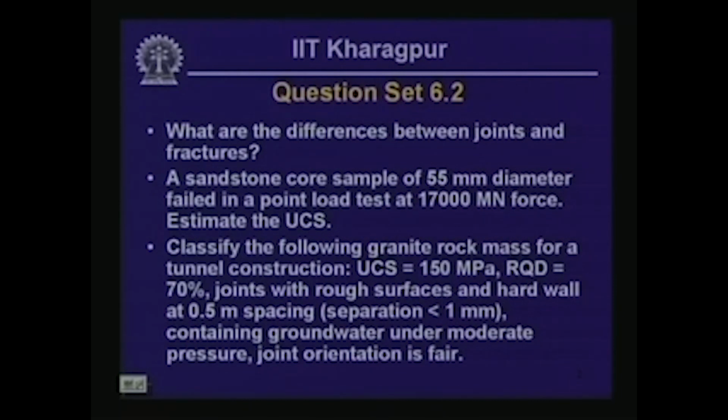Then the second question that I asked was, a sandstone core sample of 55 millimeter diameter failed in a point load test at 17,000 meganewton force, estimate the UCS. So, the problem here is like this.